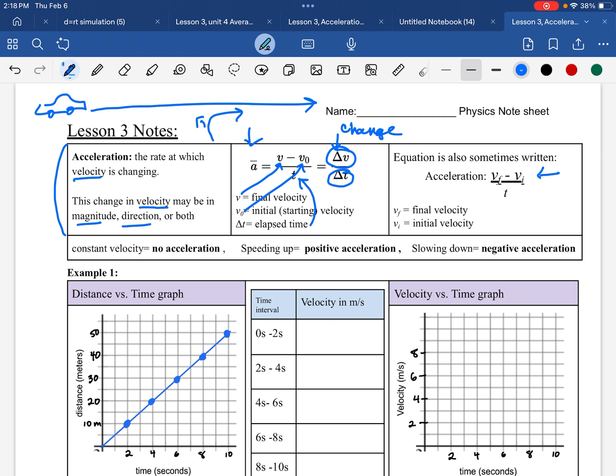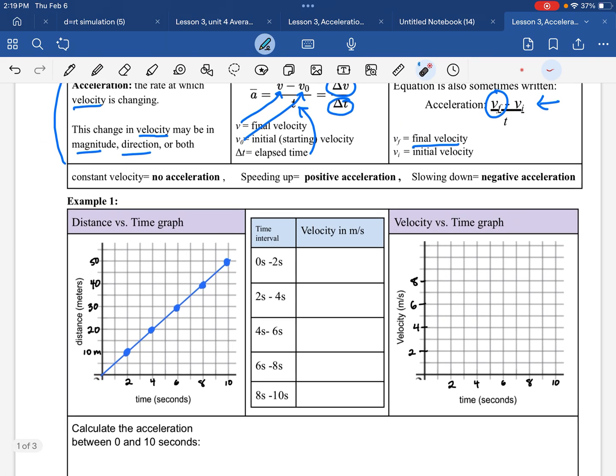Here's another way of writing that same equation, where we write v of f for final velocity, and v of i is initial velocity. So it's the same thing as this, divided by the amount of time that's passed. So we're going to do some math with that.